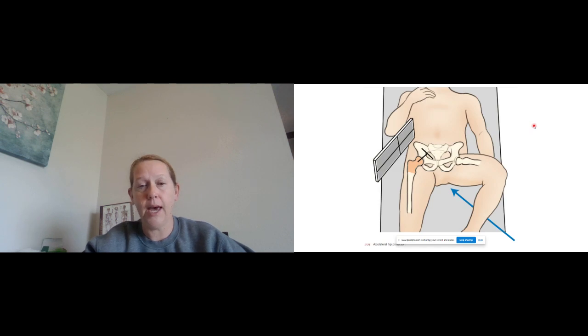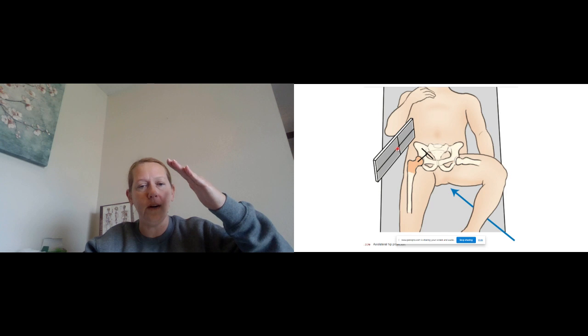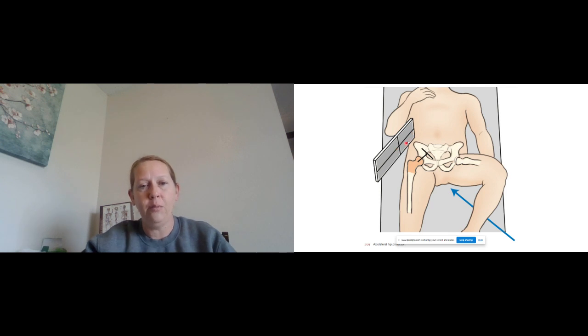So here's looking at it in figure form. The radiation is going to go this way, pass directly through the neck of the femur, and then right up there on the IR. Now, I know it looks a little weird, but your IR plate has to be like this, not parallel to the femur.